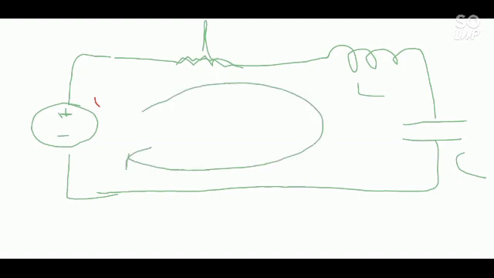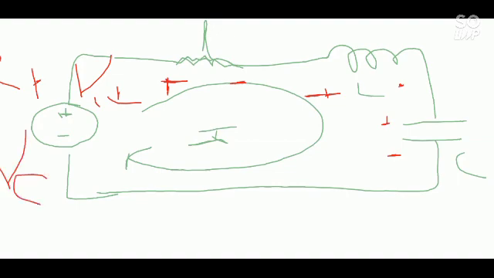And here, this is positive, this is negative, this is positive, this is negative, this is positive, this is negative, which means VR will have a positive sign, VL will have a positive sign, and VC will also have a positive sign.